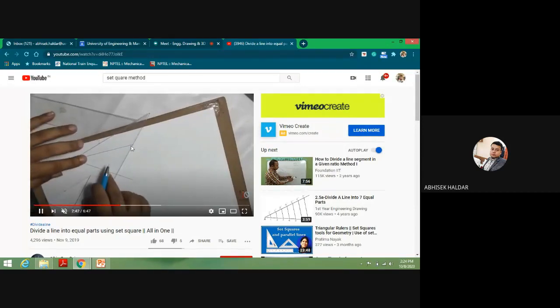Now see the placement of these 2 set squares. One set square, the 30-60 set square, you are using for the alignment of the last line you are drawing.